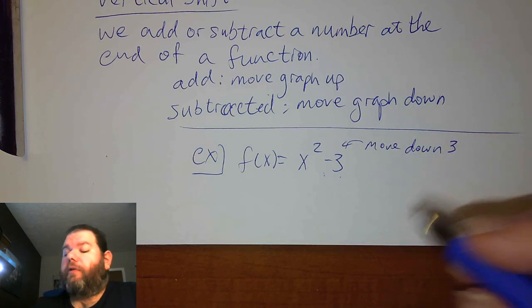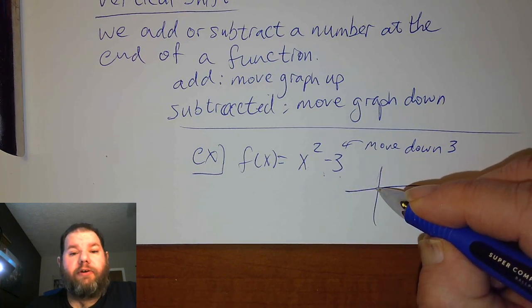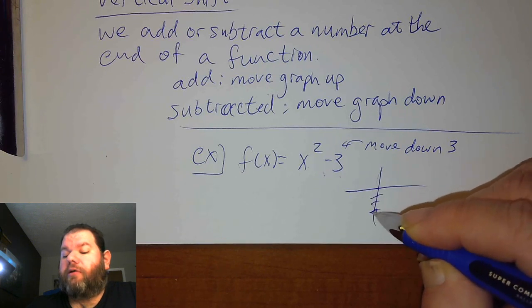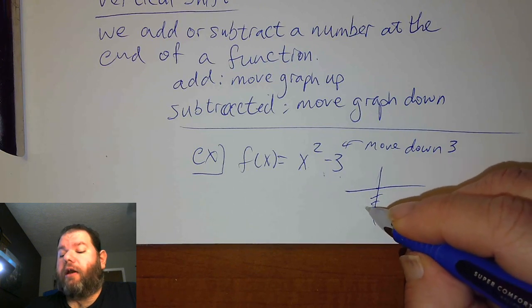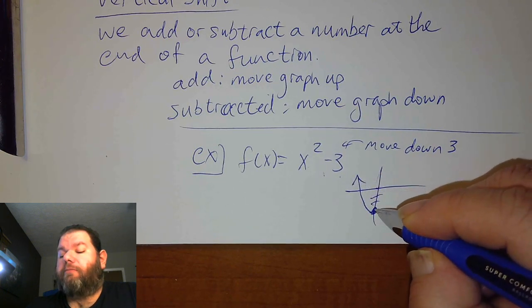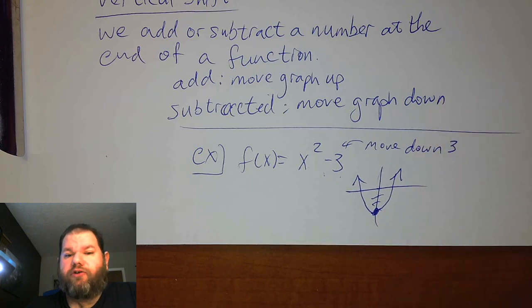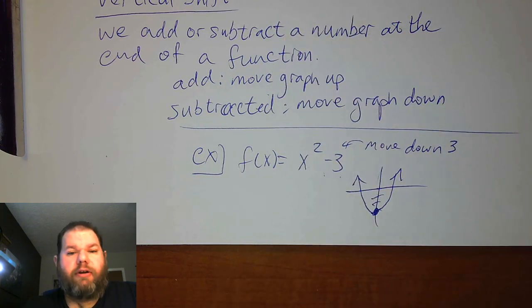Okay. And so our graph will be, normally x squared starts from the origin, so we go down 3 units from there. Put a point there where our graph now begins, and we draw the same shape. We haven't deformed the shape at all, we've just changed the graph's location on the plane. So we just basically took the whole object and shifted it down 3 units.